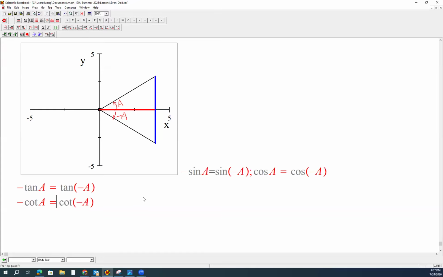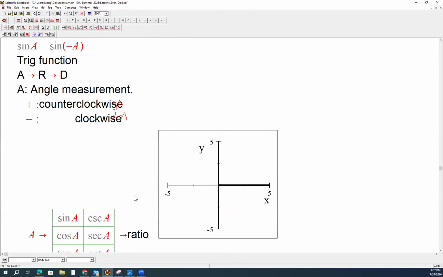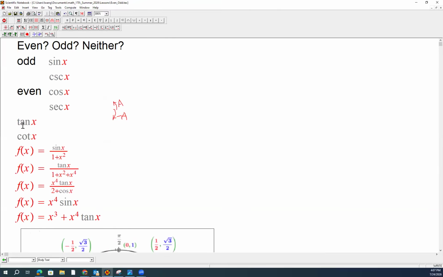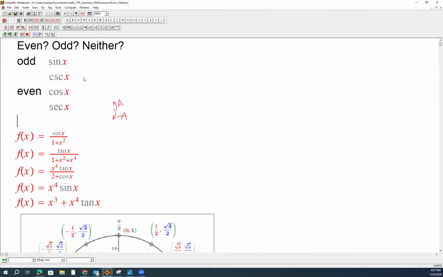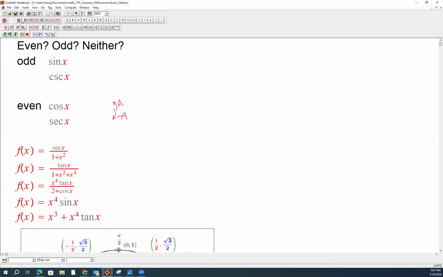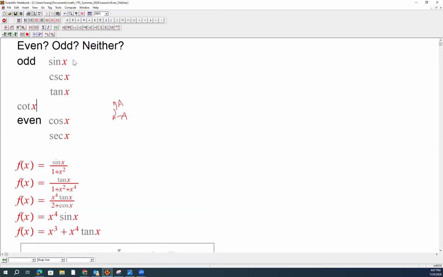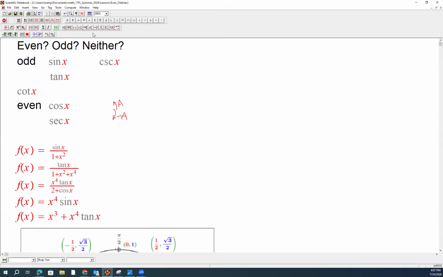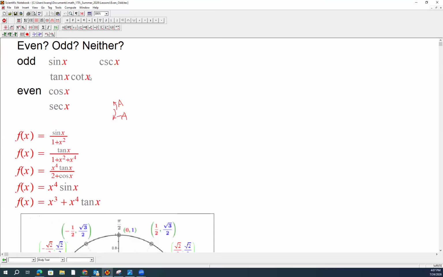So we have determined the even odd situation for these functions: tangent and cotangent are also odd. Let's put them this way: even function, odd function. So what does that mean now?